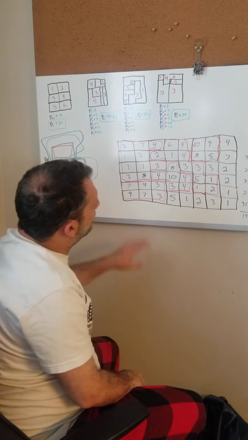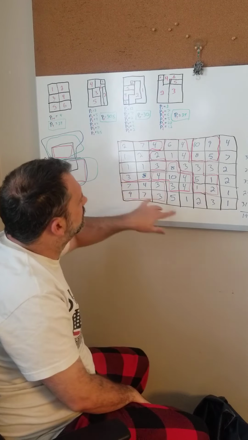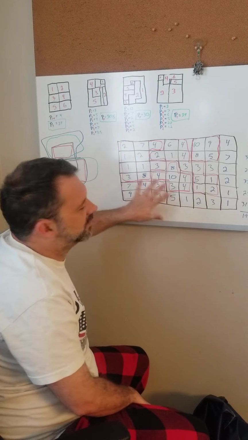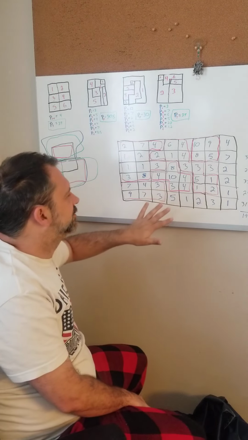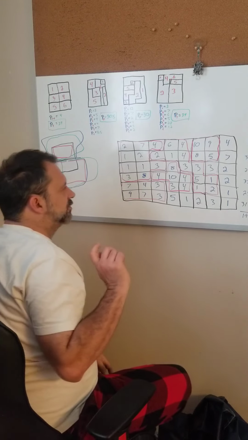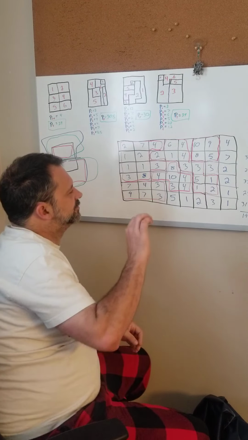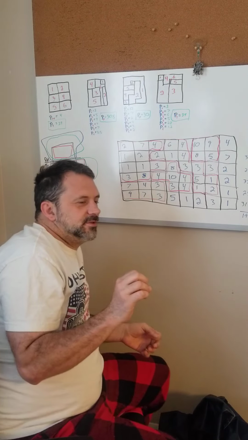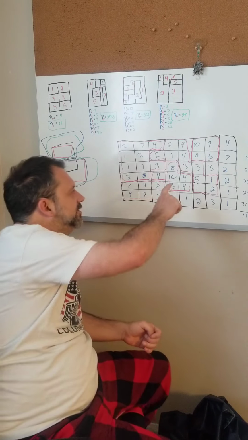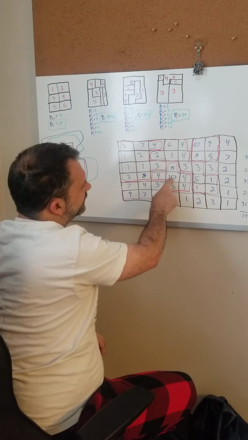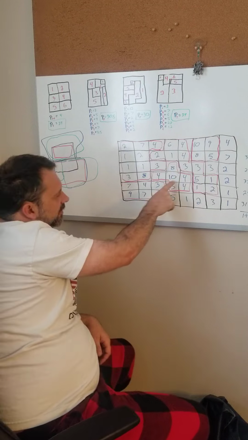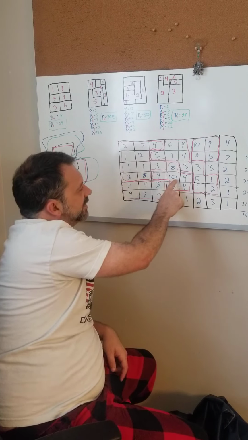That means I want roughly 32. If I want 6 districts, I want roughly 32 people in each. So what you do is you start with the most densely populated. So I started right here with the 10. And then you go to the next closest number.